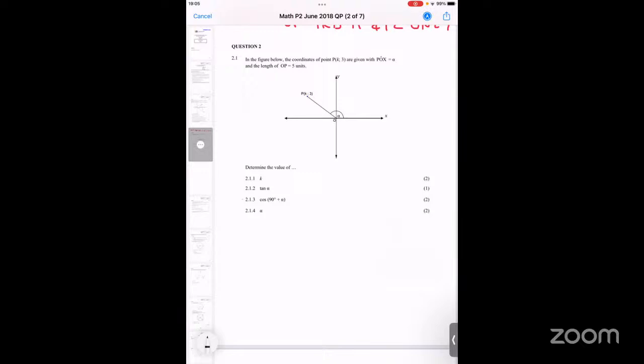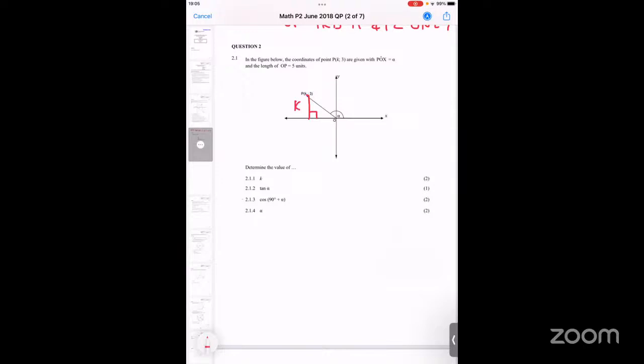So I drew a triangle. I drew a line from point P to the horizontal, which forms a right-angled triangle. Then I substituted the 5 units on the hypotenuse.